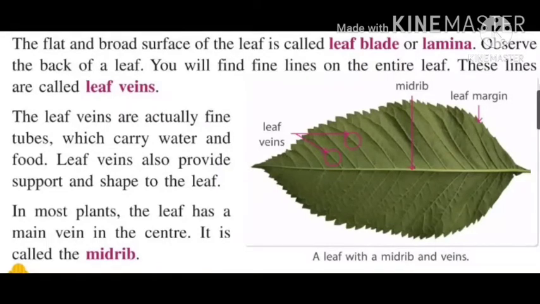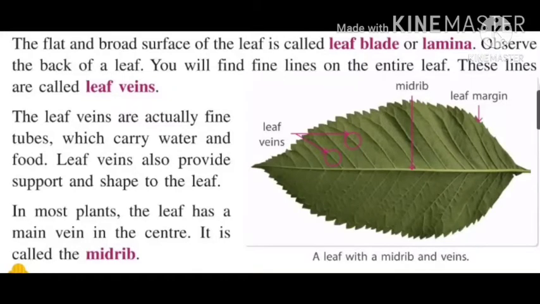The leaf veins are actually fine tubes which carry water and food. Leaf veins also provide support and shape to the leaf. In most plants, the leaf has a main vein in the center. It is called midrib.